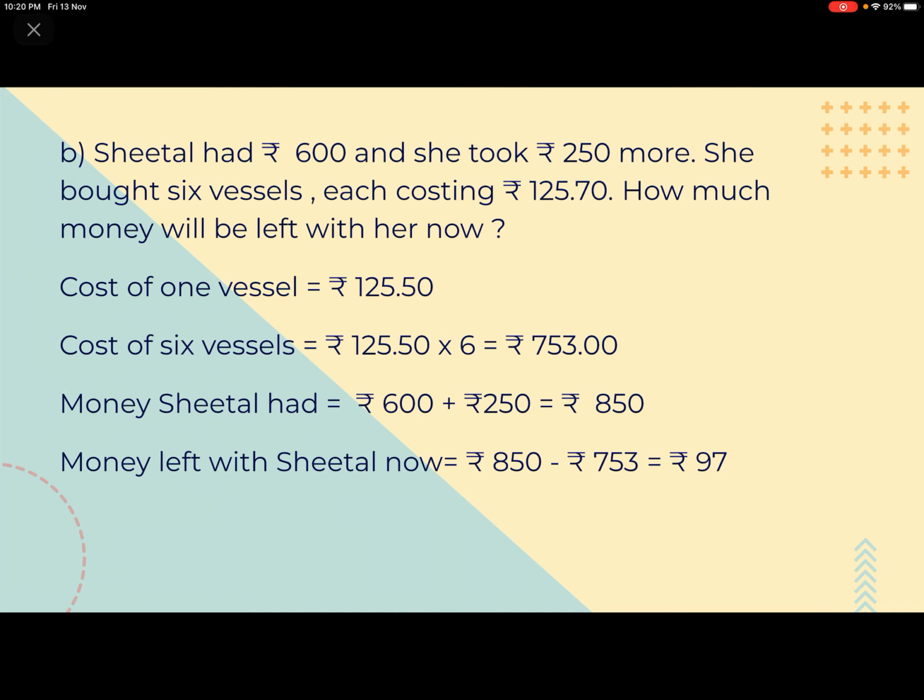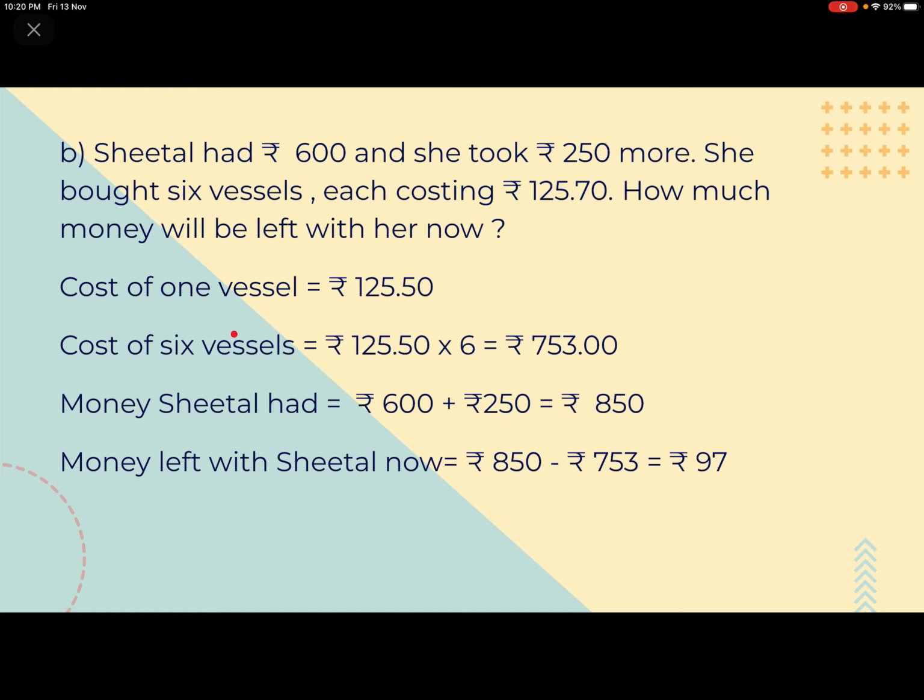Next part, B part. Sheetal had rupees 600 and she took rupees 250 more. So roughly in your mind you can calculate how much money she has now. 850 rupees. She bought 6 vessels. A vessel is any container, children, which you have at your home. Each costing rupees 125 and 70 paisa. So each, again, remember I told you it means 1. So cost of one vessel is 125 rupees and 70 paisa.